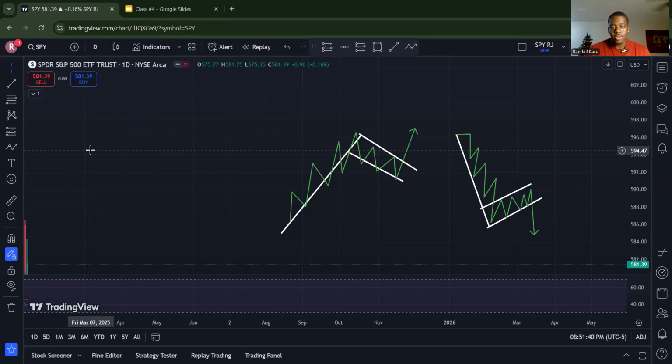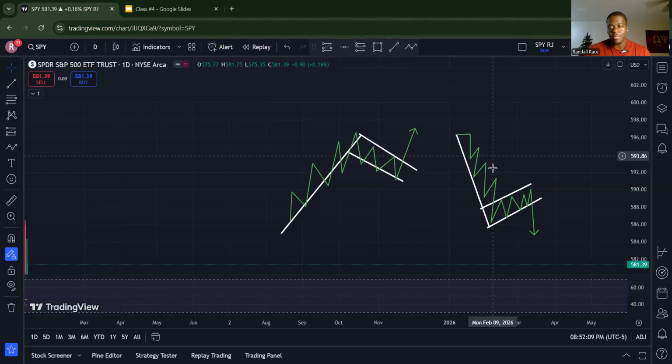So at this point in time, would it be super safe to play a bull flag right now? Nope. It wouldn't be super safe to play a bull flag right now. Could it still play out? Yes. But at the moment, I'm probably more so looking for bear flags, unless I can get back bullish.